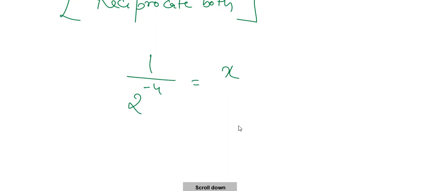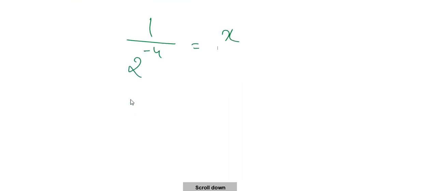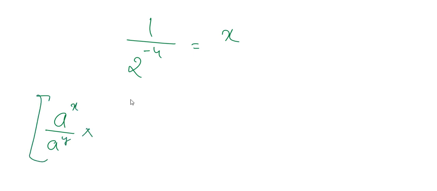Okay, so here you will apply the identity, if you know the formula, the thumb rule: if you divide a to the power x by a to the power y, it is a rule of exponent basically. Laws of exponent, which I will be teaching you in a while.